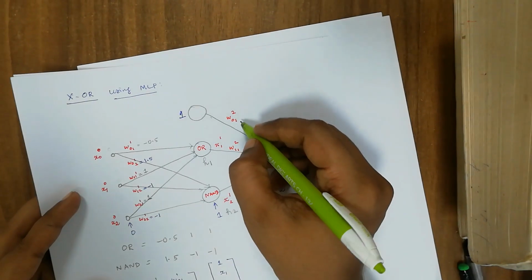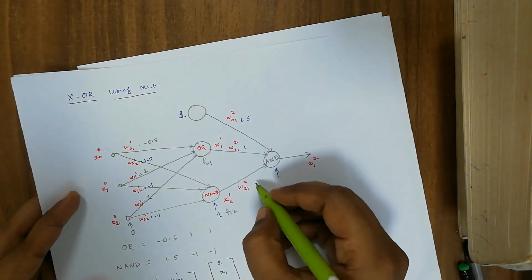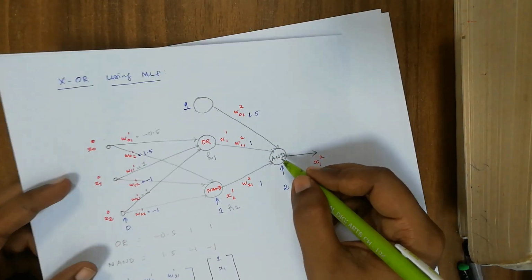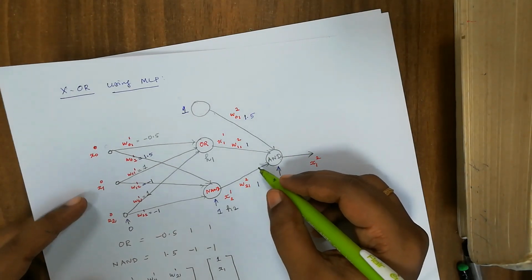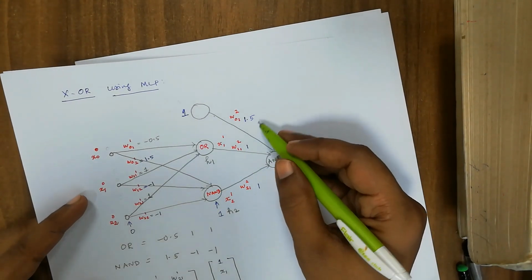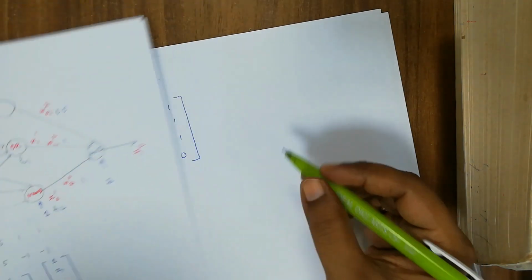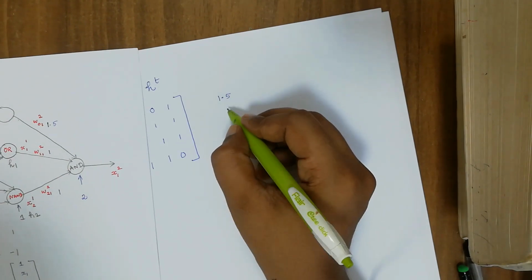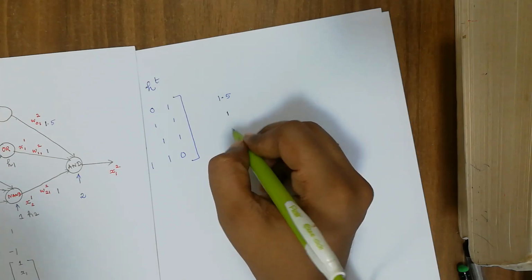Now we have to assign the weight value. Let us take the weight value, which is 1.5, 1, 1. Ideally we should find out all these values using the formula or using the derivative procedure as we discussed before. Now let us finalize this weight vector as 1.5, 1, 1.